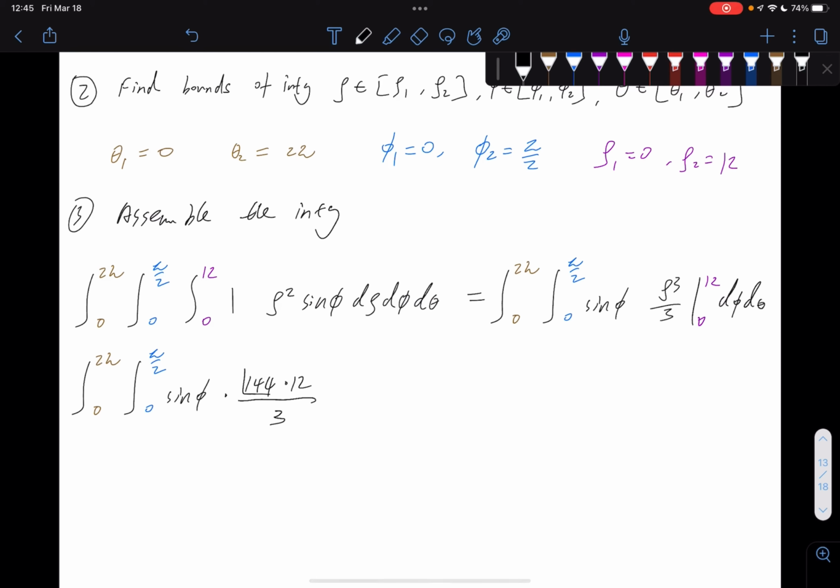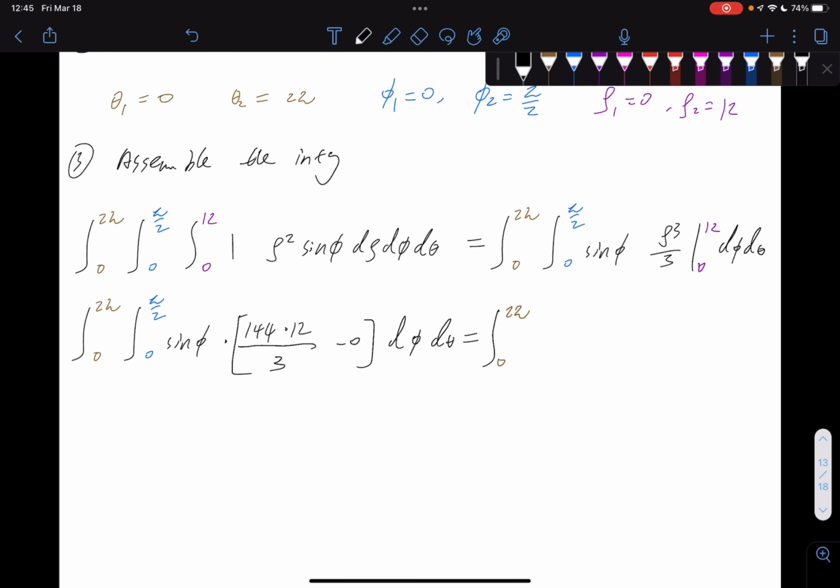So this whole thing is rho cubed, minus, of course, 0, right? Then d phi d theta, from 0 to 2 pi. So the integral of sine becomes negative cosine.